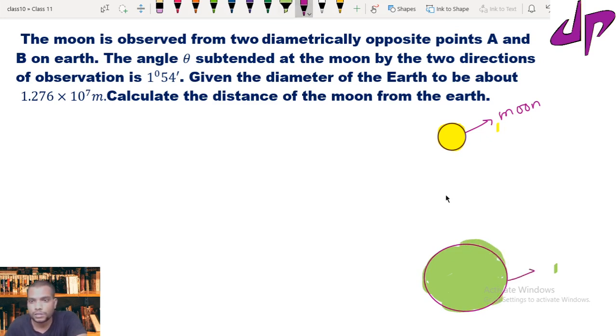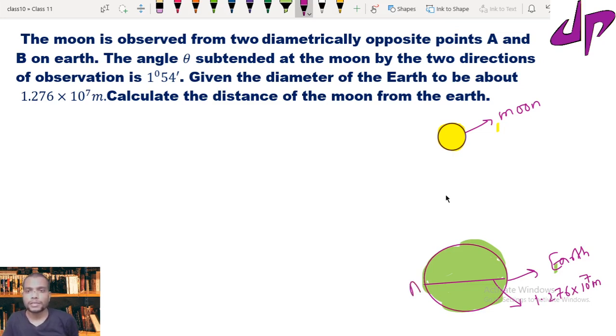Now the Earth has a diameter, and they have given the diameter value. So the diameter value equal to 1.276 times 10 power 7 meters.